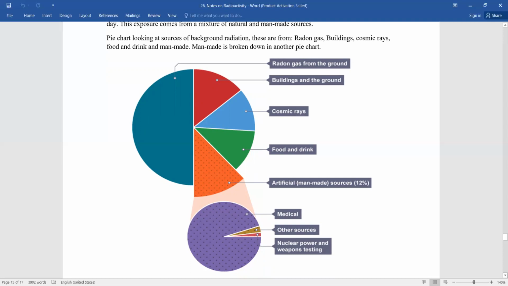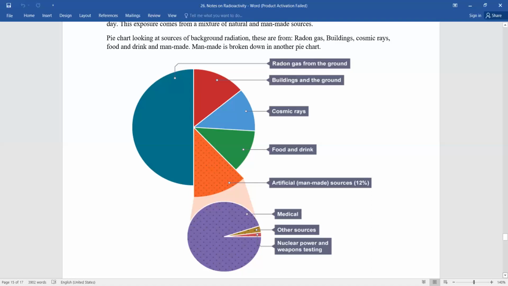That shows fractures, all these things. And also, we have radioactive therapy for treating cancers. Those are medical sources.